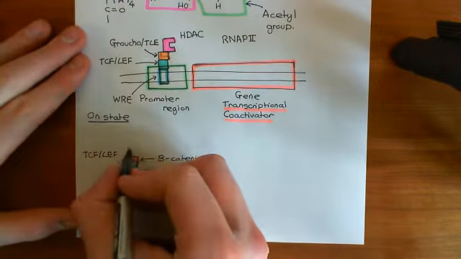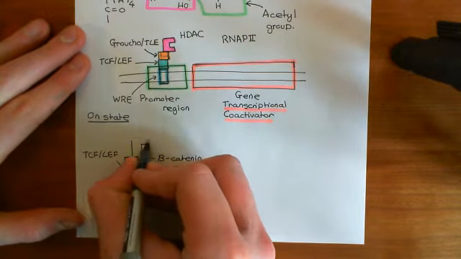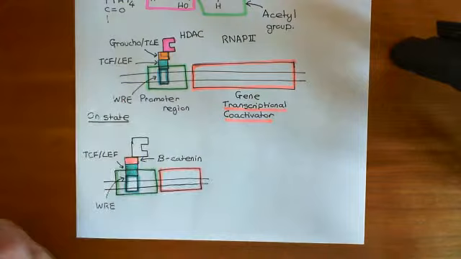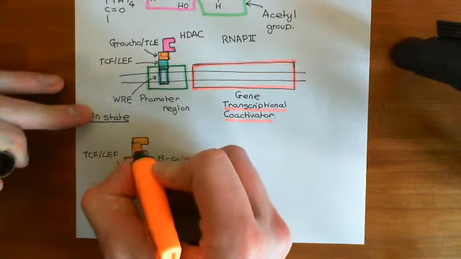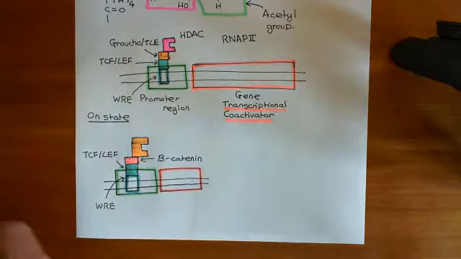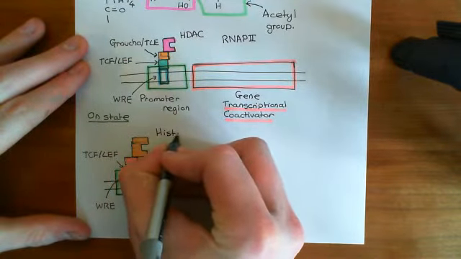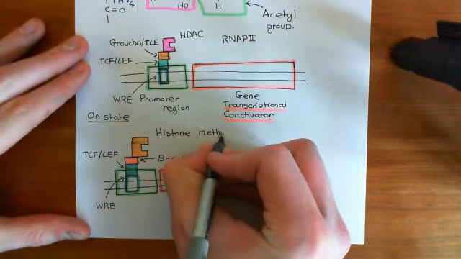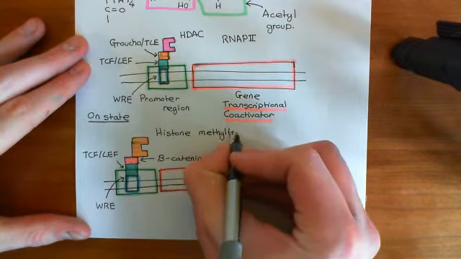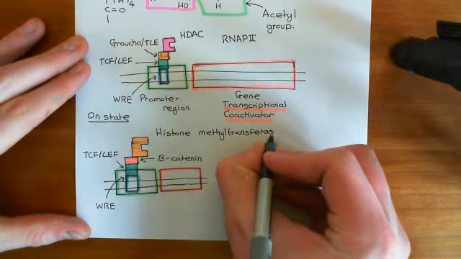Okay, right, and the reason for this is that beta-catenin is now going to bind to an enzyme. We'll colour this enzyme in orange here. This enzyme is a histone methyltransferase, and for short, histone methyltransferases are often abbreviated to HMTs.